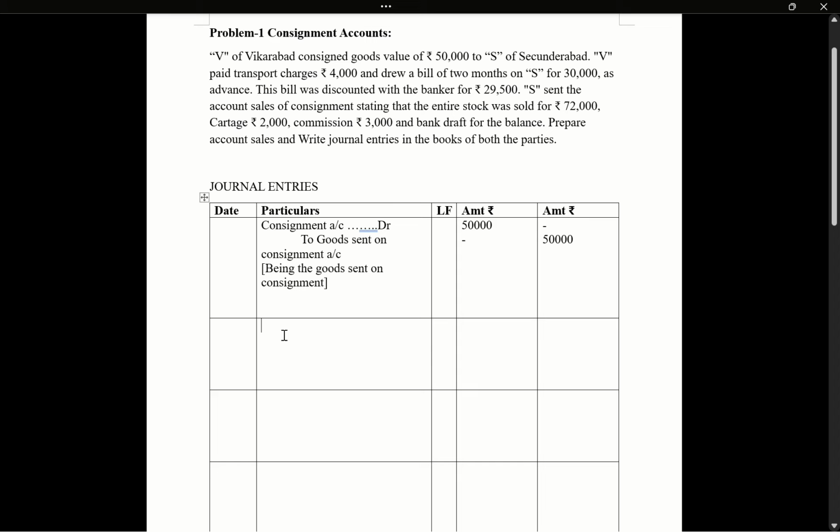Next entry we will have for consignor expenses. Here consignor is V. We paid transport charges rupees 4,000. We have to write here consignment account debit to bank or cash account.